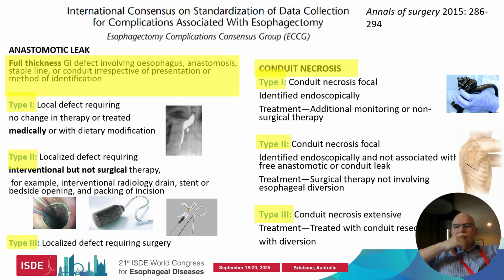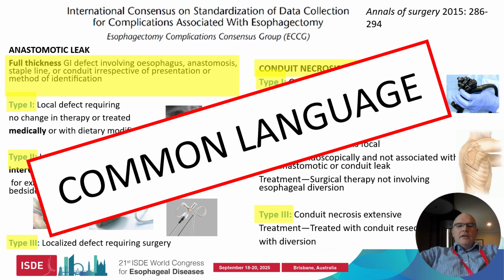It's only in recent 10 years that we've had stable definitions of anastomotic leaks and conduit necrosis to make sure that when we report outcomes that they're standardized. So we now have a common language to compare data series.